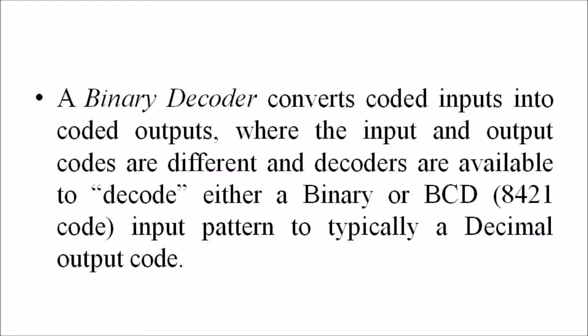A binary decoder converts the coded input into a coded output where the input and the output codes are different, and decoders are available to decode either a binary or BCD input pattern to a typical decimal output code.